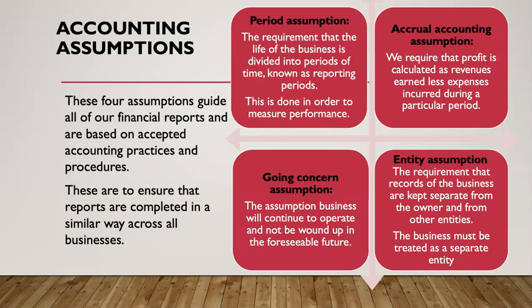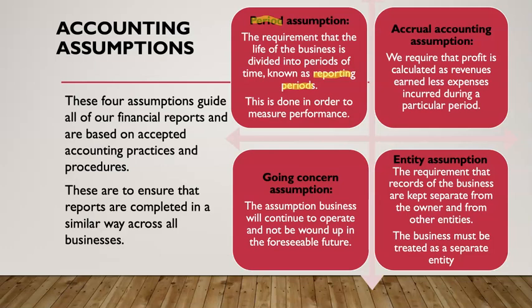We have the period assumption, and this is the requirement or the assumption that the life of the business is divided into periods. So there is an assumption that we are going to divide our reports into reporting periods, monthly reports, quarterly reports, yearly reports. And we do this because this allows us to report and measure performance similarly across lots of businesses.